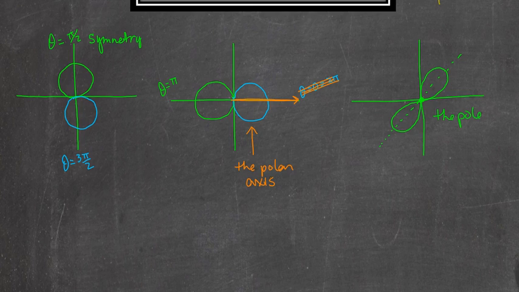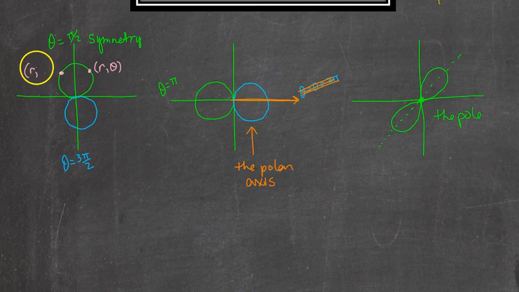And last but not least, we can talk about all of these symmetries in terms of points that exist on the graph. For example, theta equals pi over 2 symmetry. If you have a point (r, theta) on the graph, then for this symmetry, you would be guaranteed a point that reflects across theta equals pi over 2, where r is the same.